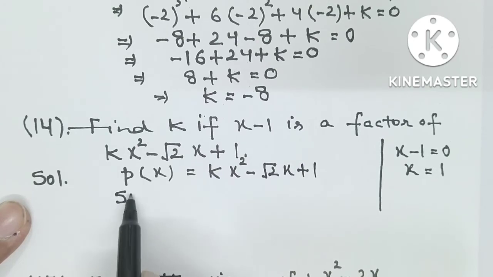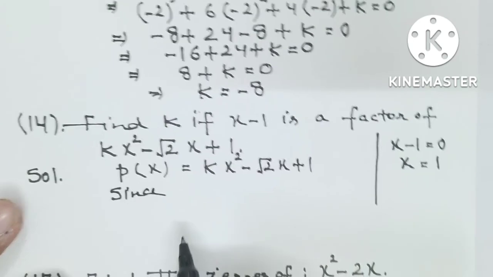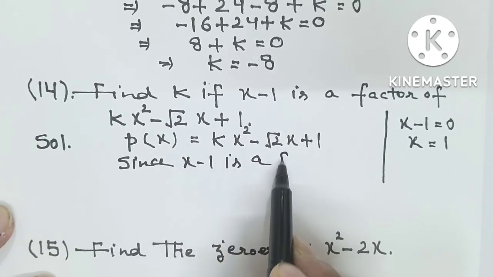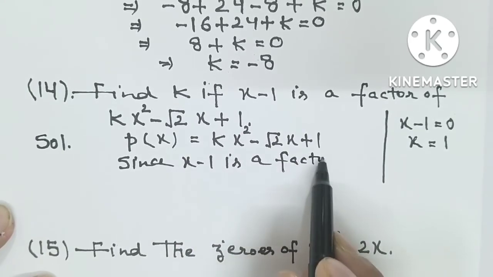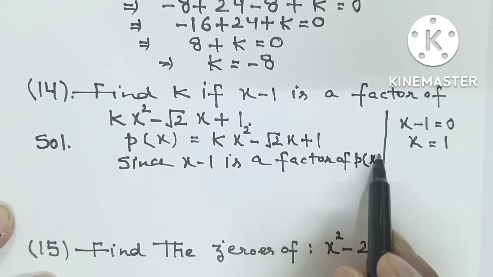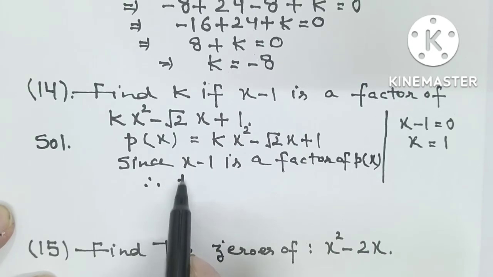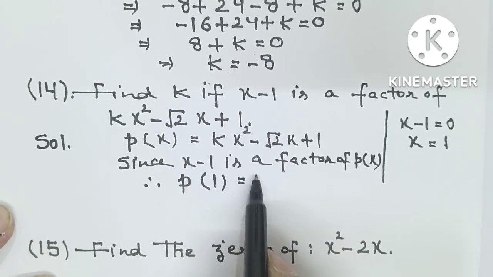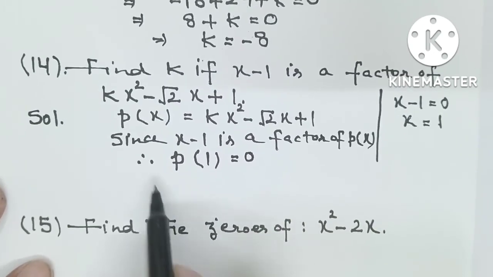You will write, since x minus 1 is a factor of p of x, therefore p of 1 will be equal to 0.